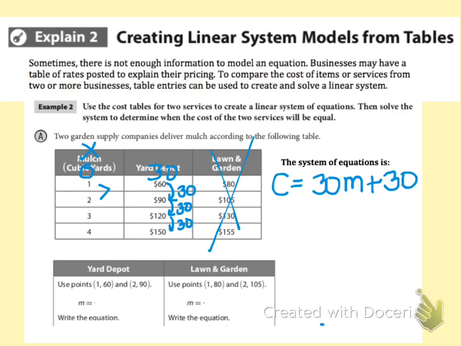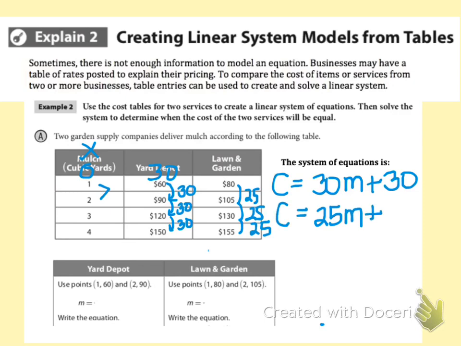We can do that exact same thing now for the other company. Moving forward from 1 yard to 2 yards, it goes up by $25. And then from the next one, you go up $25, and then another $25. So the per-yard cost at this company is $25 per yard.